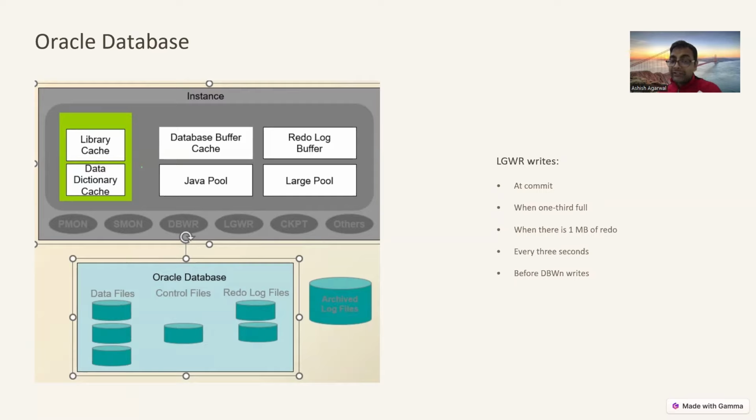Once the recovery is done, your data files will have your updated information, and after that your bank balance will be shown as $15,000, making you happy and restoring the trust in the bank. So this is the purpose of your redo log file: redoing the data for recovery purposes.